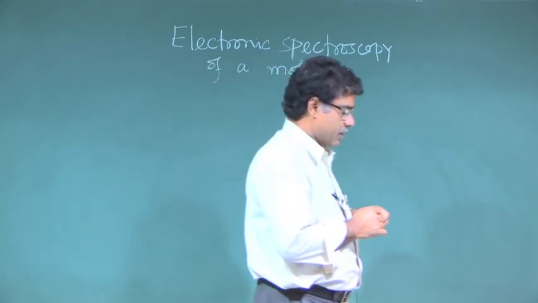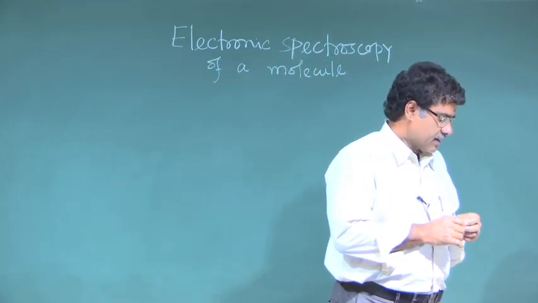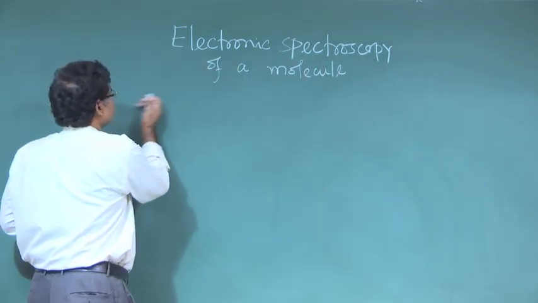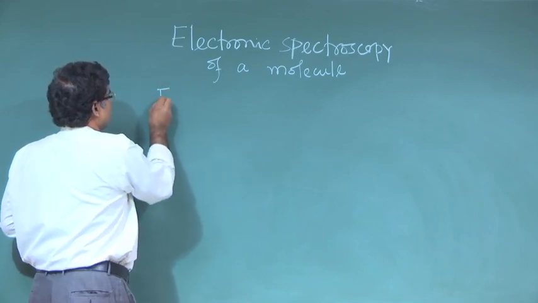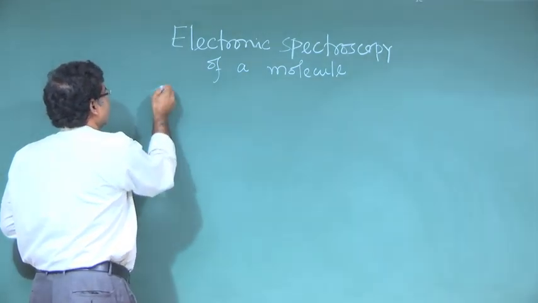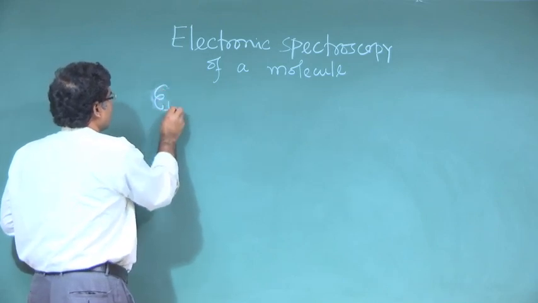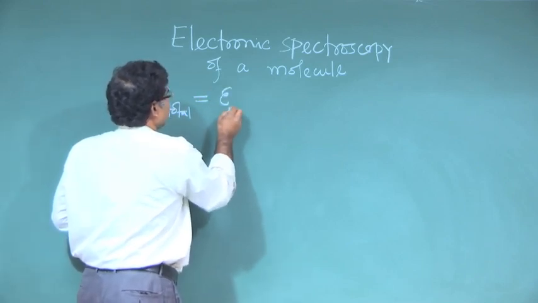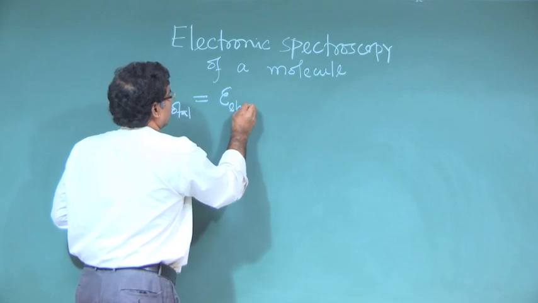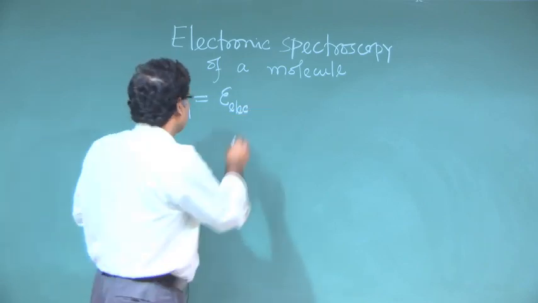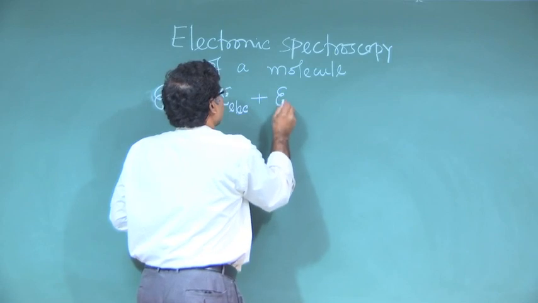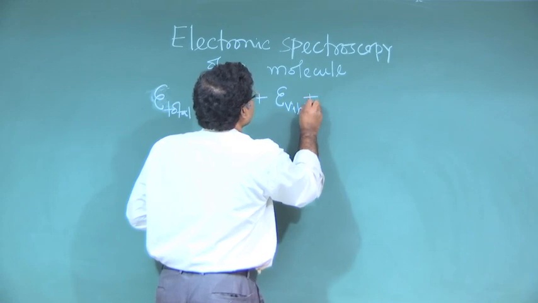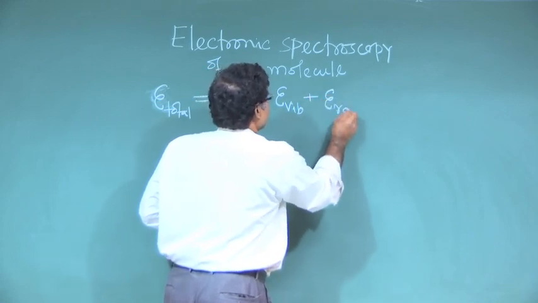So, electronic spectroscopy of a molecule. As we have seen, the total energy E total, or let us write it in terms of centimeter inverse, is equal to the electronic energy level plus the vibrational energy level, the energy of the vibration, and the energy due to the rotation.